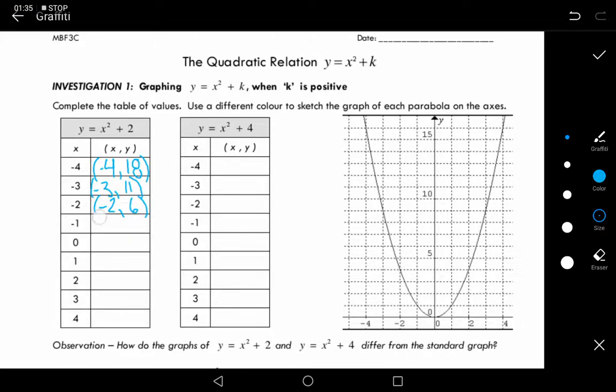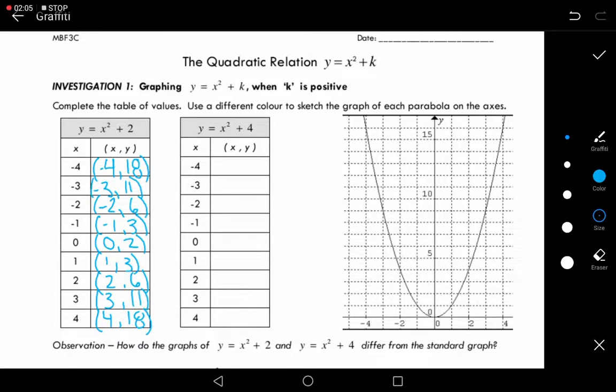Negative 1 squared is 1, plus 2 is 3. 0 squared is 0, plus 2 is 2. 1 squared is 1, plus 2 is 3. 2 squared is 4, plus 2 is 6. Again, 3 squared is 9, plus 2 is 11. And 4 squared is 16, plus 2 is 18.